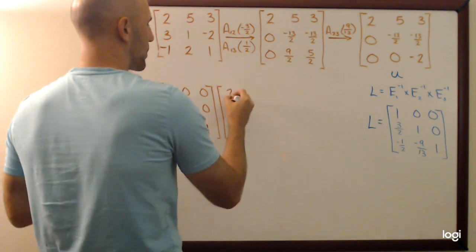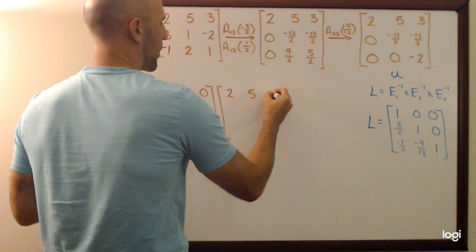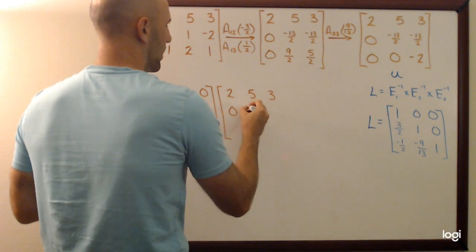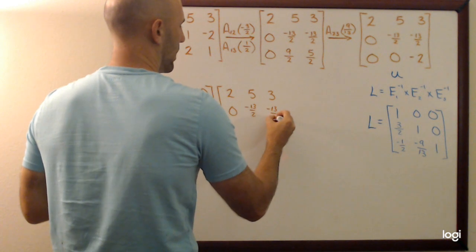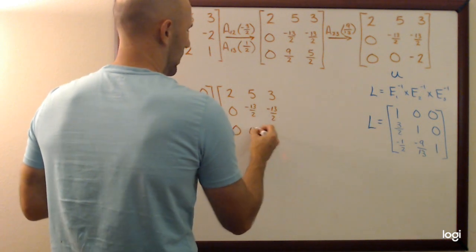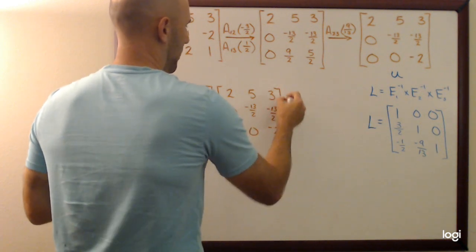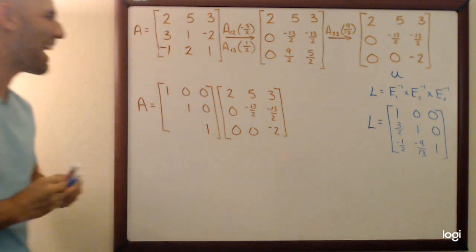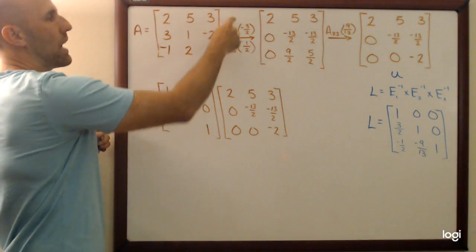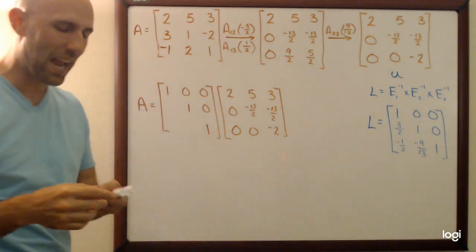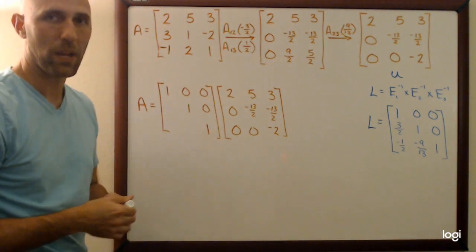U, that's the result of my elementary row operations over there. And the only thing I have to fill out now are these values that come from my elementary row operations, from my add operations.